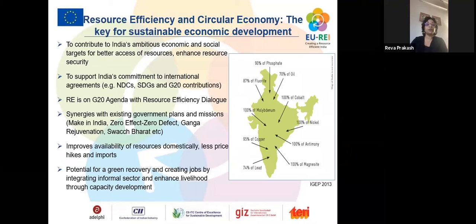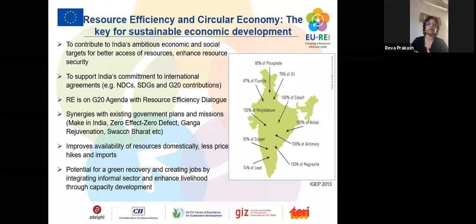And in the G20 agenda, resource efficiency has been gaining more traction over the last few years. A resource efficiency dialogue has been constituted, which is a platform where all the leading economies that have initiatives on resource efficiency and circular economy come and talk, exchange their learnings and knowledge, present best practices, and think about the various issues that are of interest and value across different economies and countries.